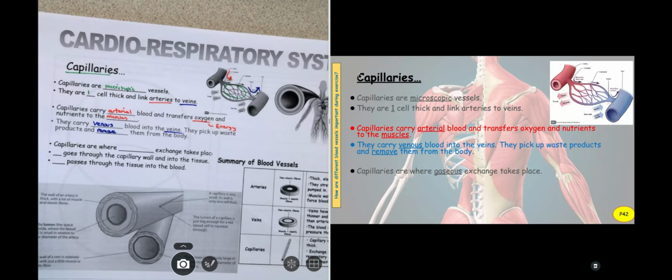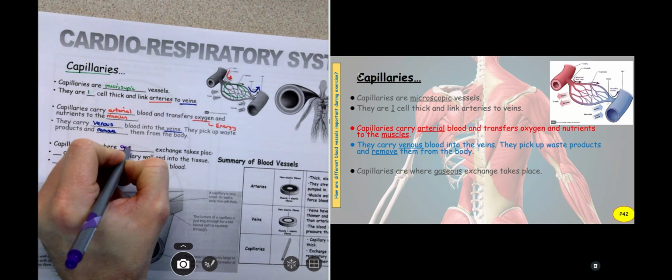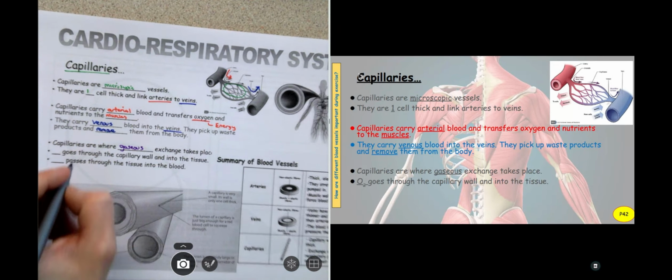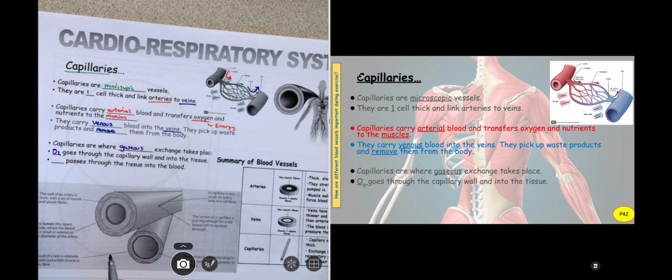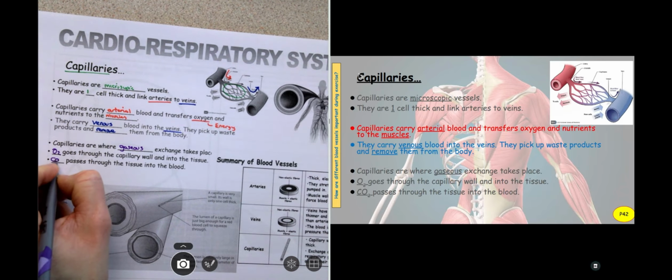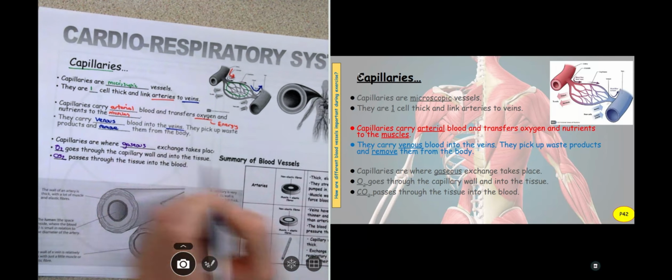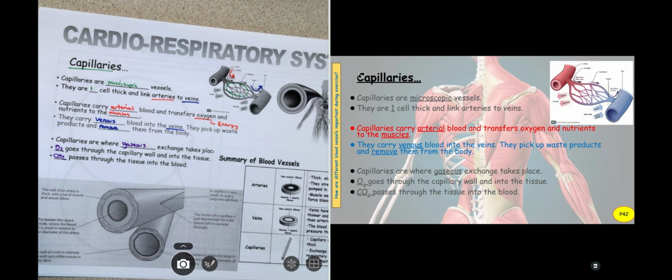We look at this also in the respiratory system, but the capillaries are where gaseous exchange takes place. And that is where oxygen goes into the capillary wall and into the tissue for energy, and then carbon dioxide passes through the tissue and back into the blood so it can be removed from the body. Again, gaseous exchange will link to the respiratory system, that will come on to in a couple of lessons time.